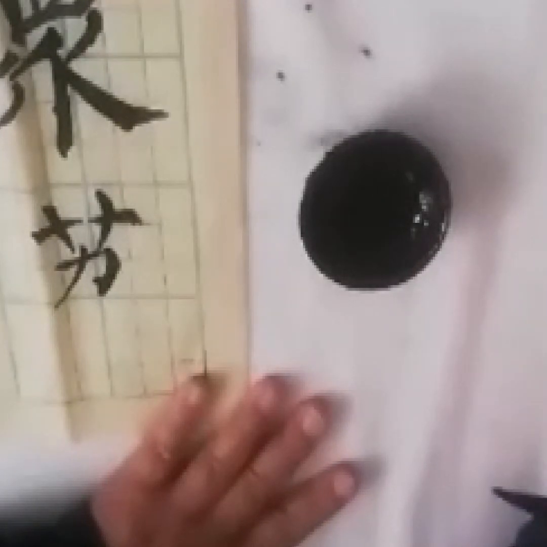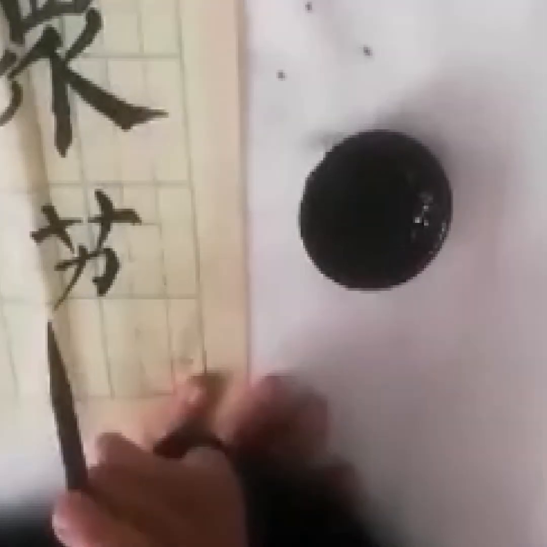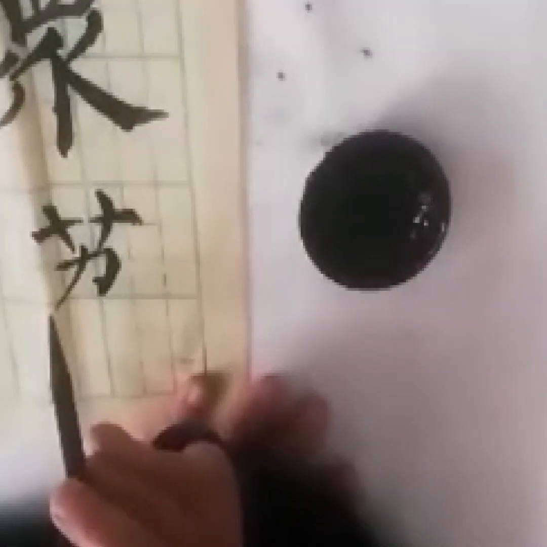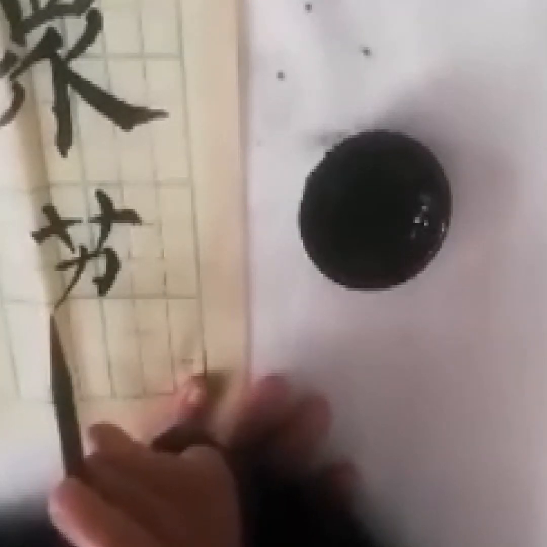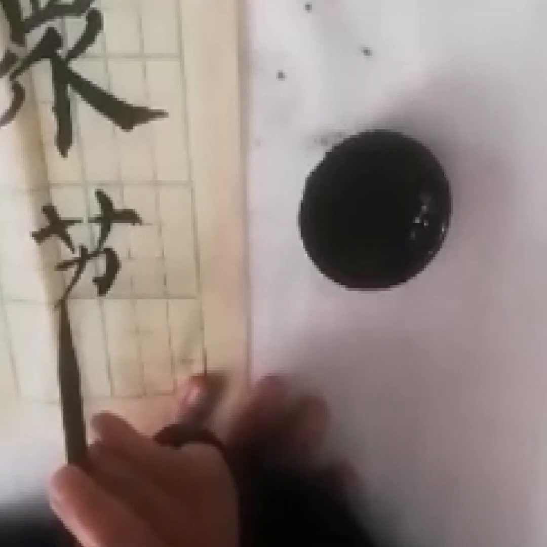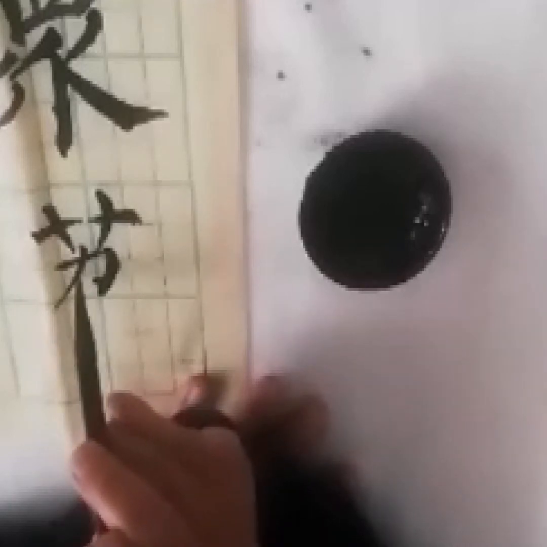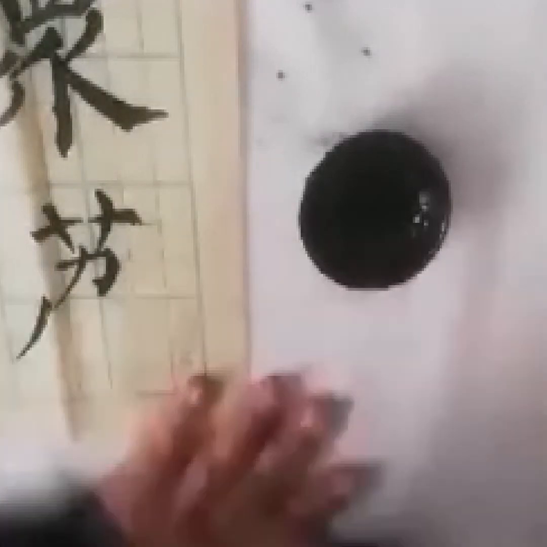So now I write the another peer. This peer, I actually wrote a bit too long compared with the example. I write it a bit thicker.